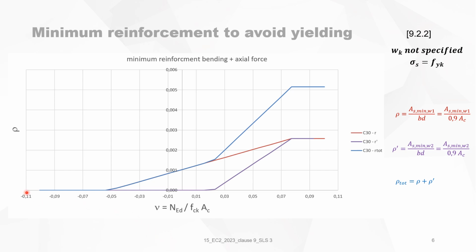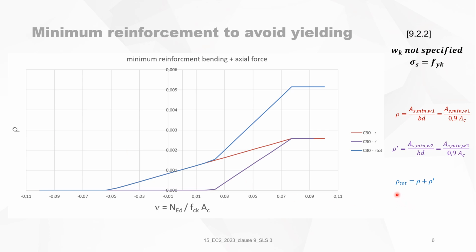When you now make a graph, on the x-axis it's nu, which is NED divided by FCK AC. For nu negative, it is compression. For nu positive, it is tension. And then on the other axis, we take the total reinforcement ratio.